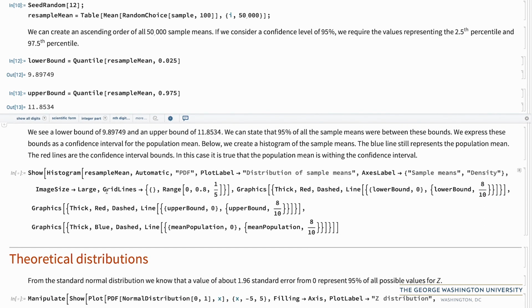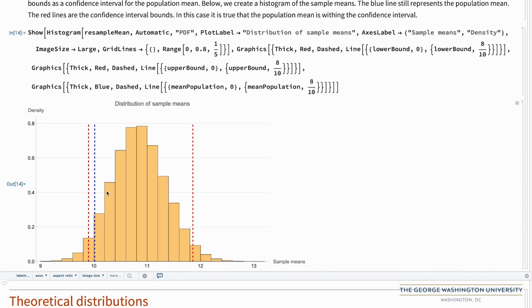Let's have a look at a histogram. And there we see a histogram. Now, of course, by the central limit theorem, even though my original variable was not normally distributed in the population, I do have a sample size of at least 30. In actual fact, I chose 100. And because of that, I can invoke the central limit theorem and look at this distribution of sample means. Of course, it's going to be normally distributed.